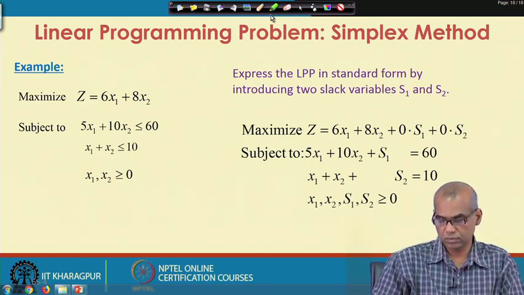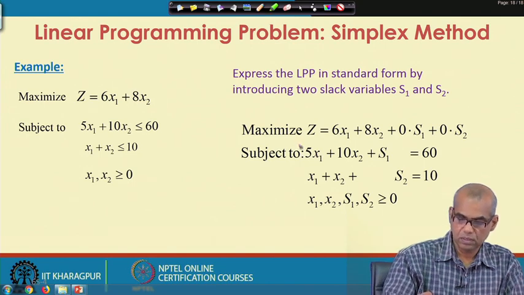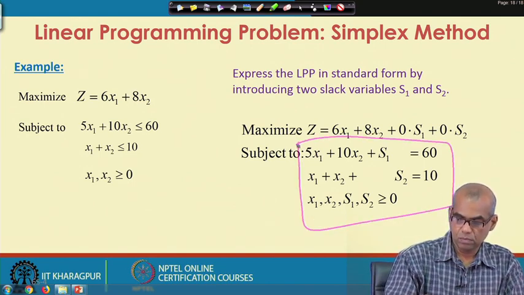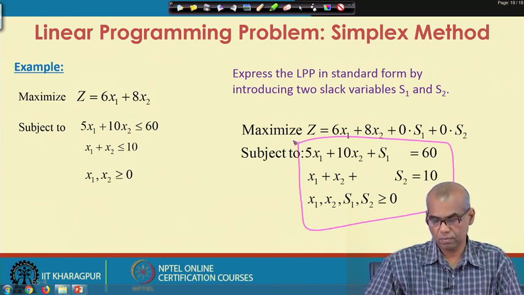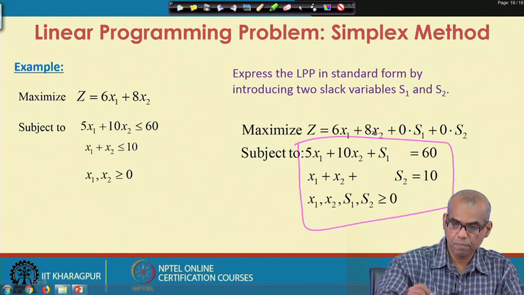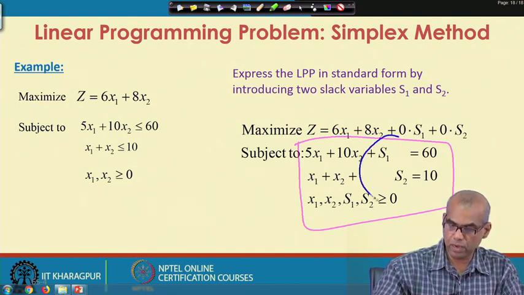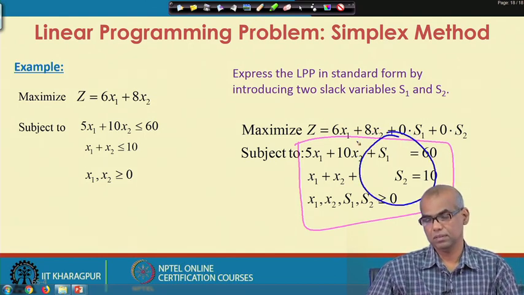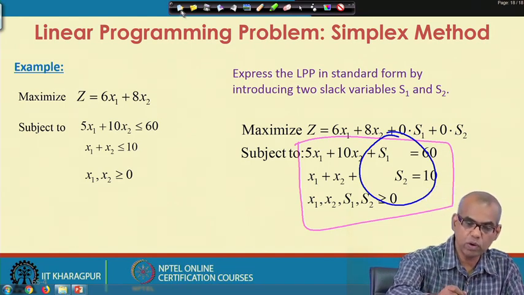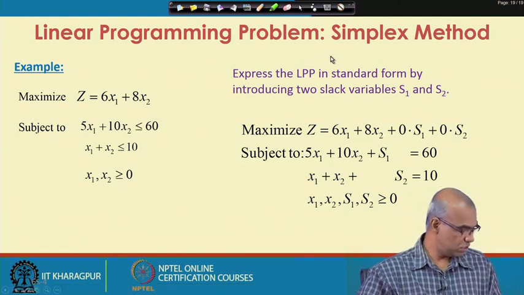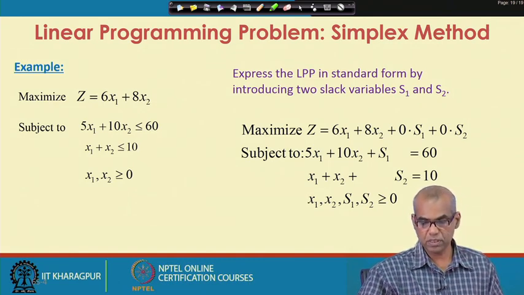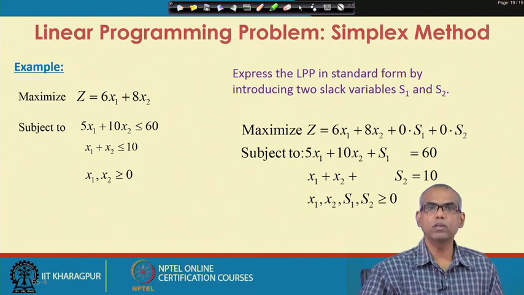You also note from the set of constraint equations that you have a canonical form here. So, S1 and S2 can be chosen as basic variables, and then x1 and x2 will be non-basic variables which can be set to equal to 0.